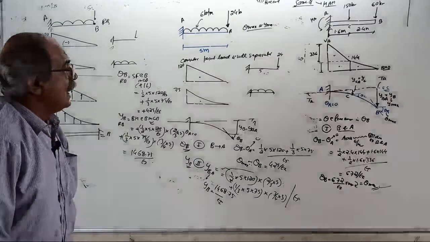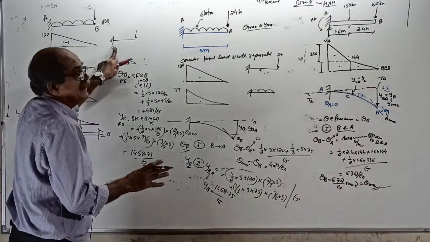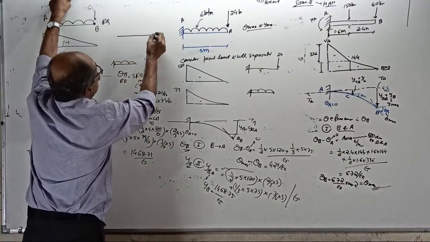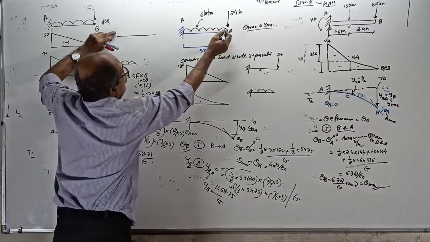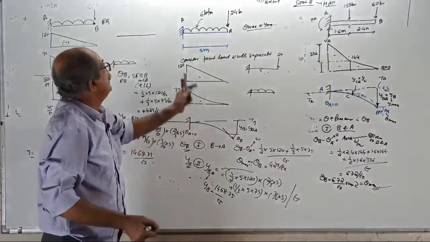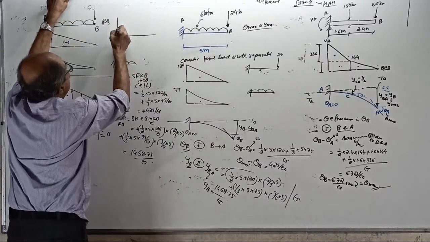Now, one minute, there are people who are highly intelligent. I will tell what they will do. When they draw the BMD, they will not separate it. I have seen people who do not separate. What is the BM here?